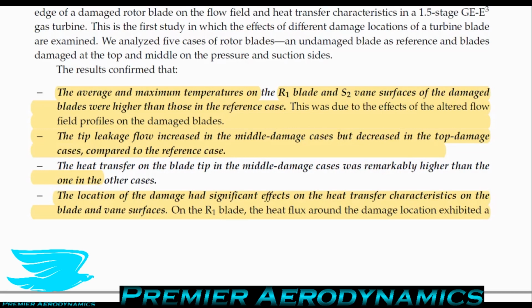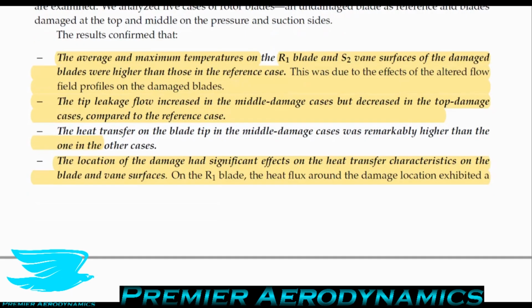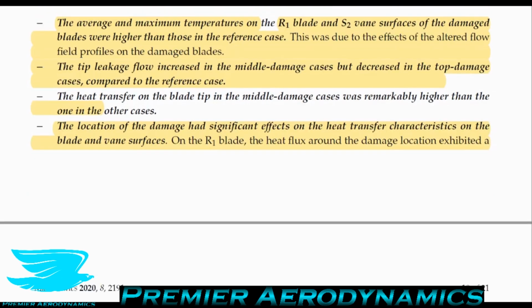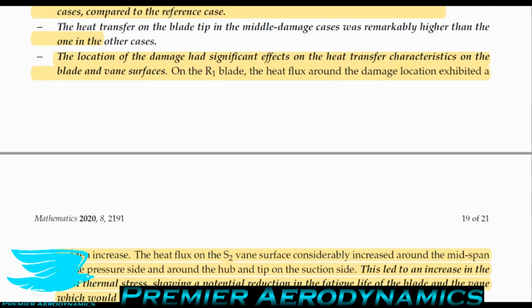The tip leakage flow increased in the middle damaged cases, but decreased in the tip damaged cases compared to the reference case. The heat transfer on the blade tip in the middle damaged cases was remarkably higher than the one in the other cases. The location of the damage had significant effects on the heat transfer characteristics of the rotor blades and stator surfaces.